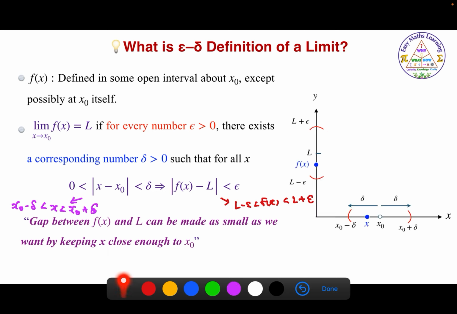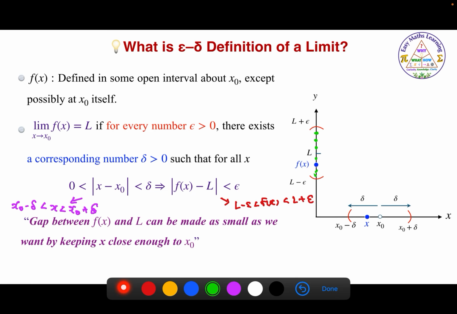See here also, the function values f(x) lie inside the vertical range from L minus epsilon to L plus epsilon. Means f(x) may be here or maybe here. So inside this vertical range.